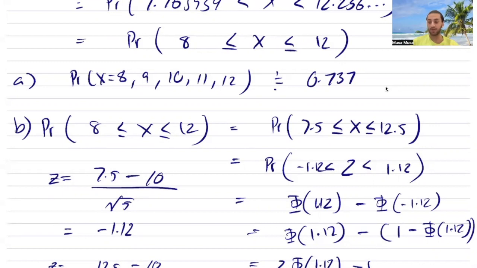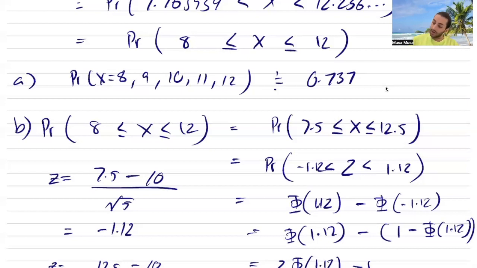Sometimes it can be avoided, particularly if you have a high number of trials. For example, if you're tossing 10,000 coins, adding and subtracting 0.5 to something like 4,000 is not going to make a difference.